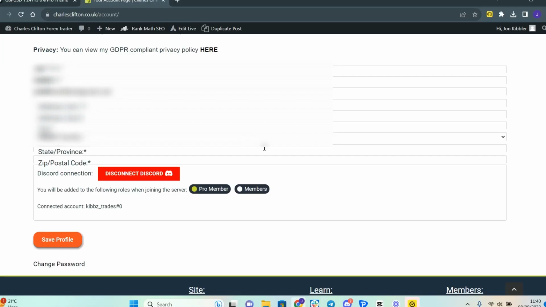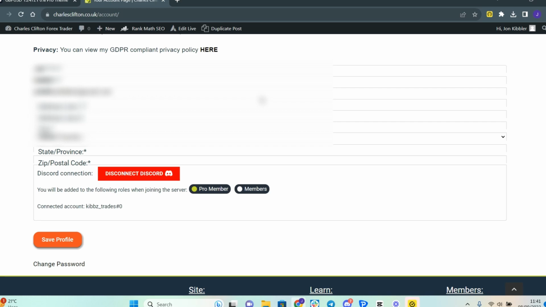If you scroll down the page, you'll see an area where, for me, it says disconnect Discord, but for you it'll say join Discord, and you want to hit the join Discord button. That will take you to a separate page about Discord, and basically ask you to either sign up if you don't have a Discord account already. It's really simple to do. If you already have a Discord account, it will just link and ask you to authorize that channel for Discord.